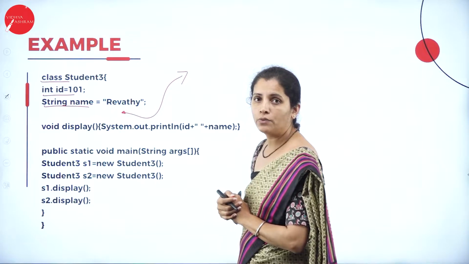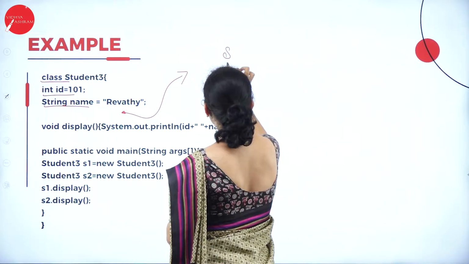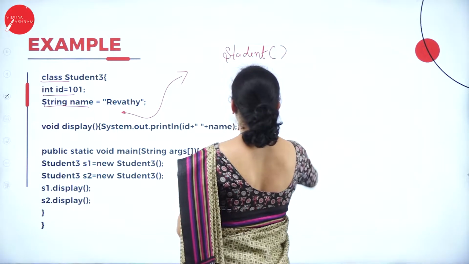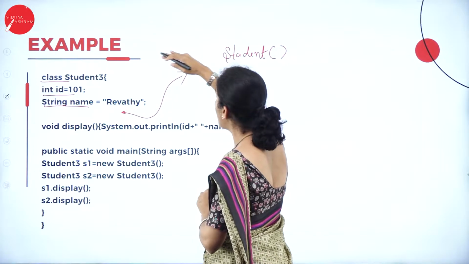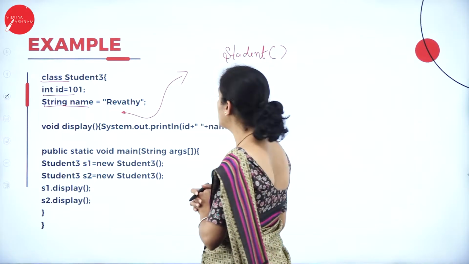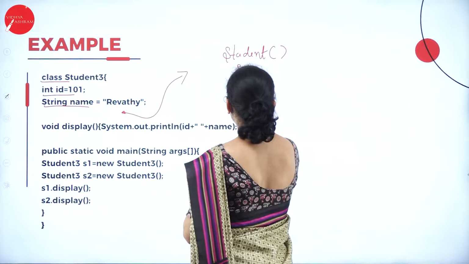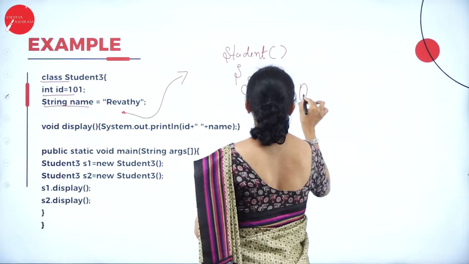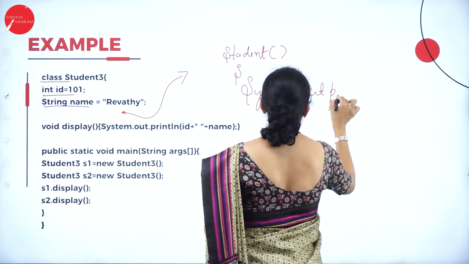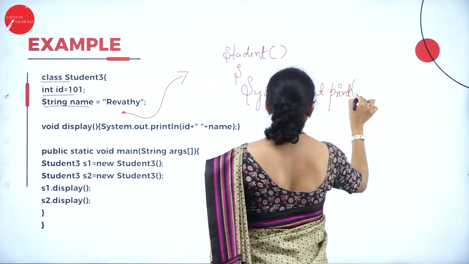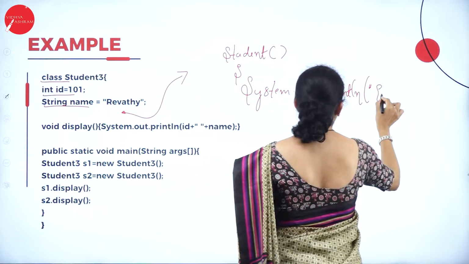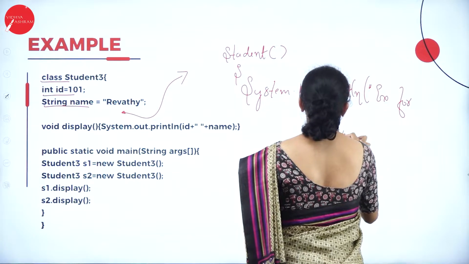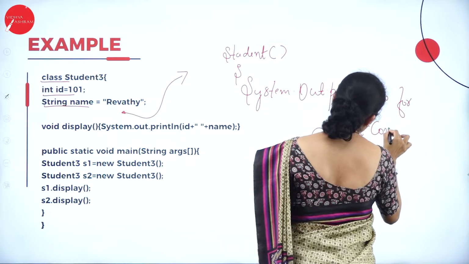The class name must be the method name, and it does not have any return type. And I'm going to print System.out.println, example for default constructor.